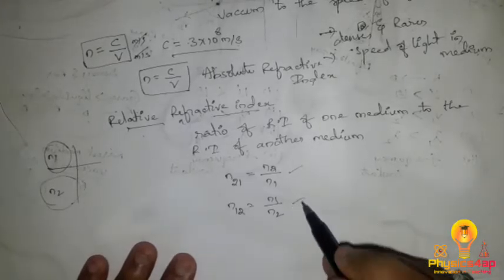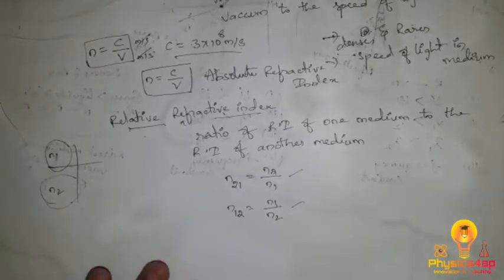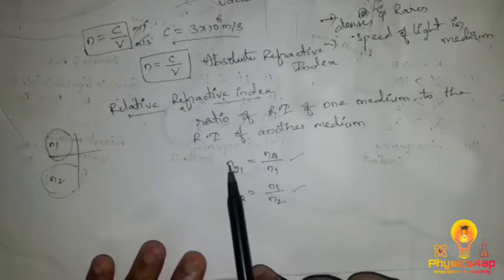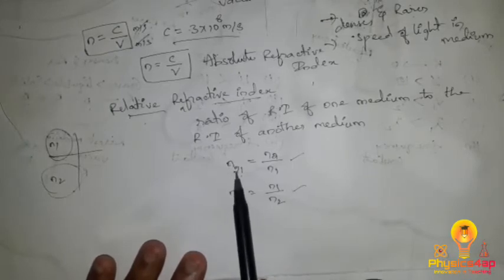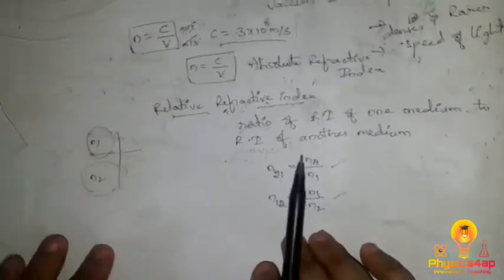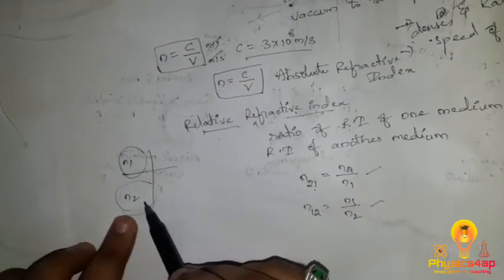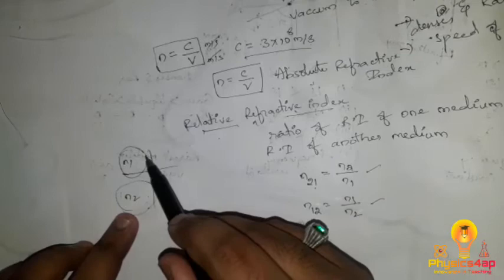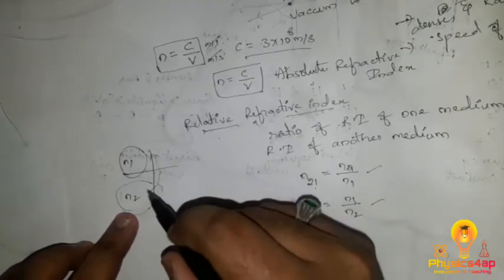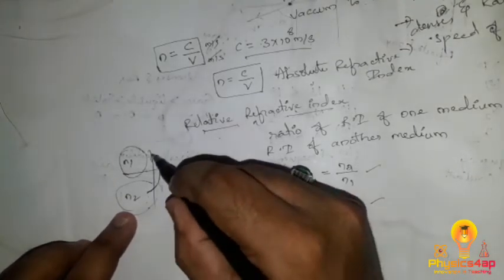Now what is the difference between these two? We call this n21, which is the refractive index of the second medium with respect to the first medium. We are comparing the refractive index of the second with the first one.